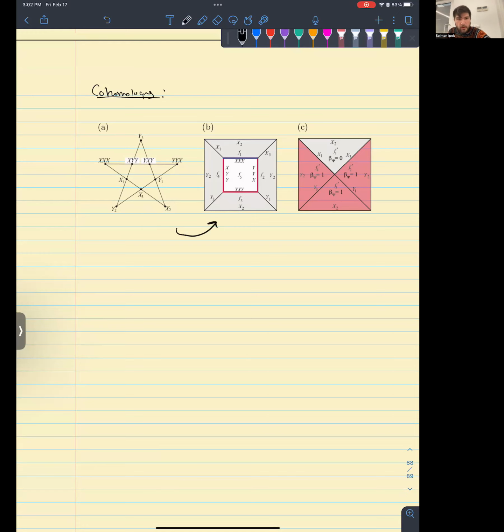And so we have roughly that measurements go to edges of our topological space. And then you have that measurement contexts go to faces.